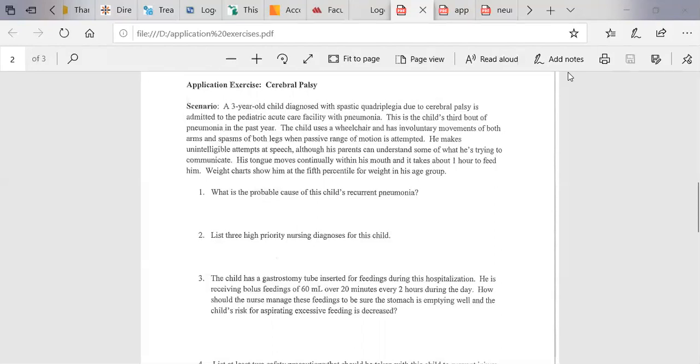Obviously, the probable cause is that the child is likely inhaling foreign bodies, such as food or drink, and introducing bacteria into the lungs. This is due to swallowing difficulties and constant open mouth that we read about in the chapter and in our scenario. So they're at risk for aspiration and also at risk for ineffective airway clearance.